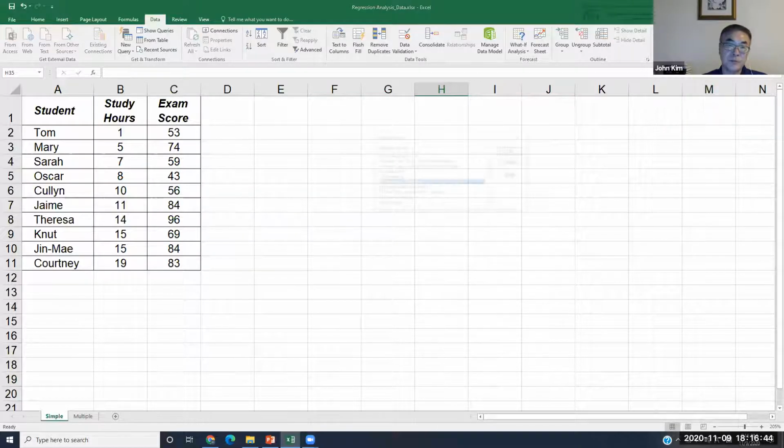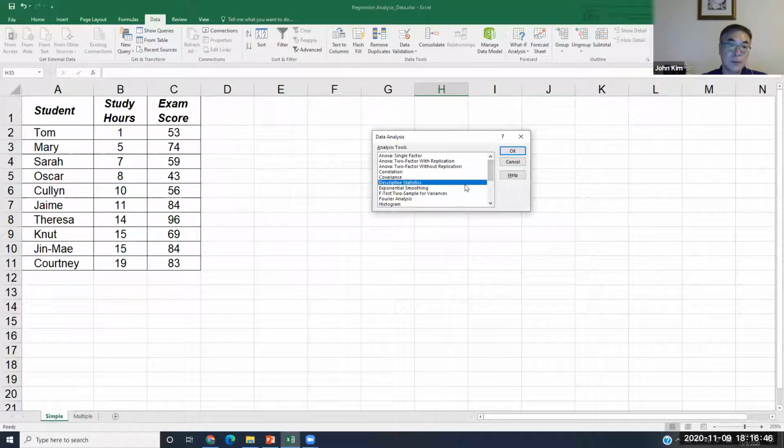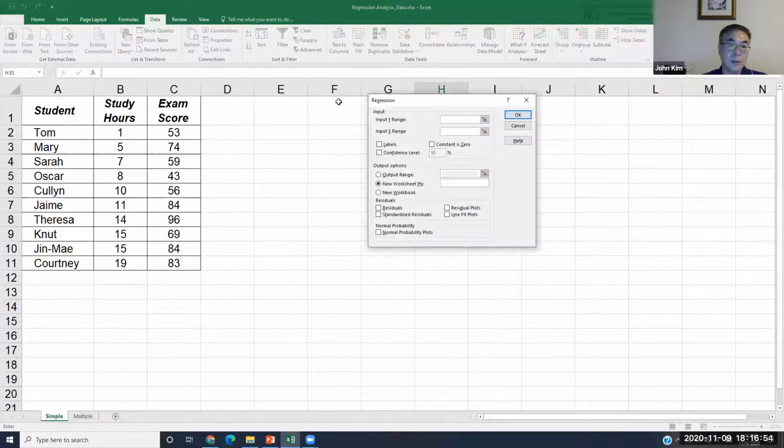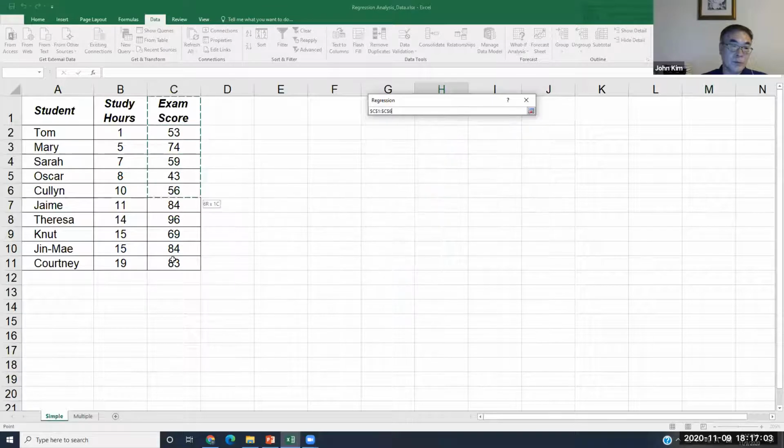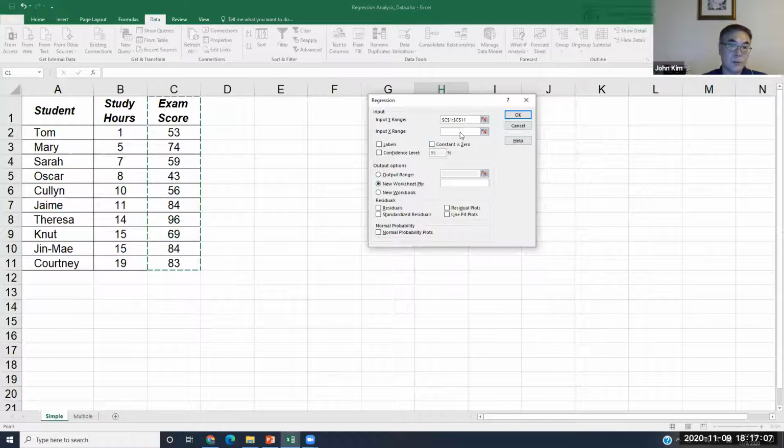Click this one, and then find Regression. Click OK. Then input the Y range: exam score will be the Y variable.